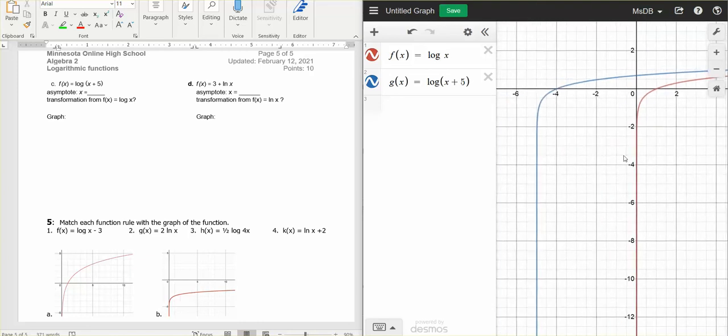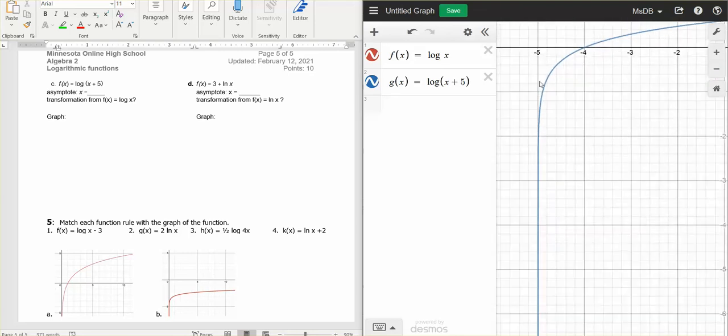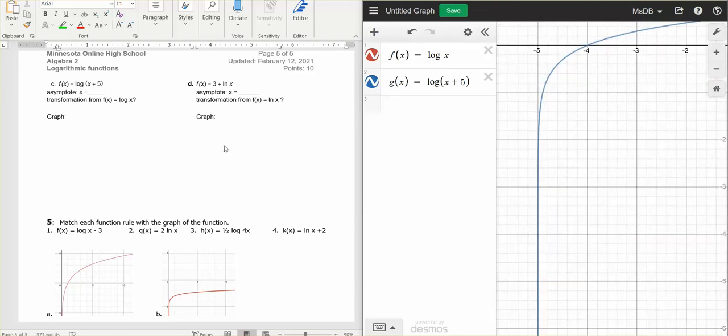The blue one is the new one. Did it move up, right, left, or down? And by how many units? And then the asymptote will now be over here. It'll be x equals something over here. You can probably tell what it will be. And letter D will be like that.